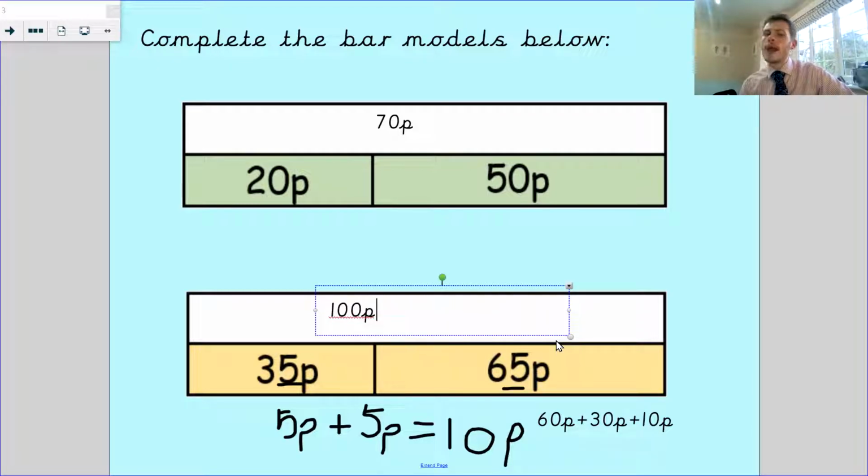What's another way of writing 100 pence? If you're shouting at me down the camera, or at the screen, and you're saying, Mr. Watkiss, 100 pennies is the same as £1, then you're absolutely right, because £1 is exactly the same as 100 pennies. So that is one way that we can show it.